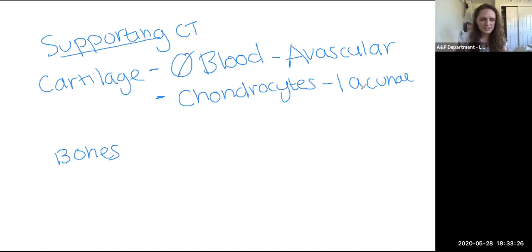Your matrix is just a flexible proteoglycan matrix. So you don't need to know what that means. That's super in depth. Just know that it's flexible. You can move it. It's not going to be like bone where it's stuck in this hard matrix. It's kind of a fluid matrix that still provides some structure, but allows for movement.